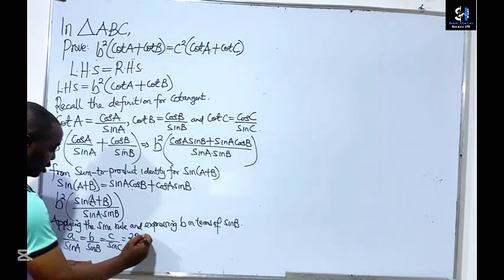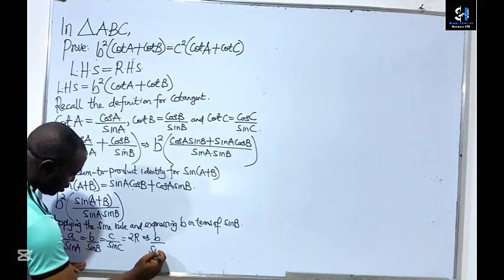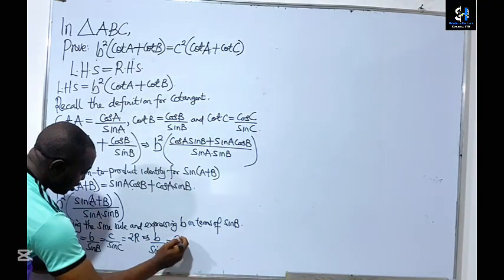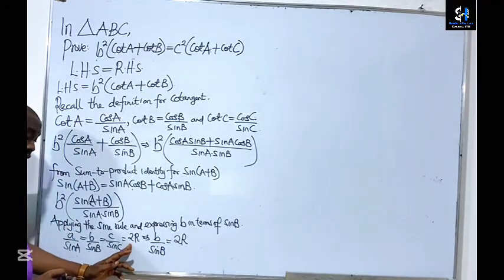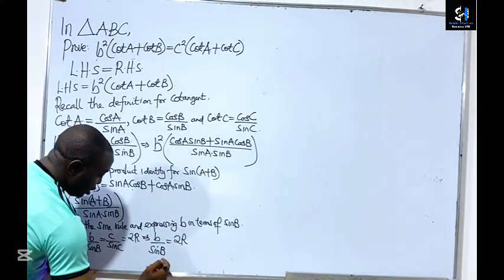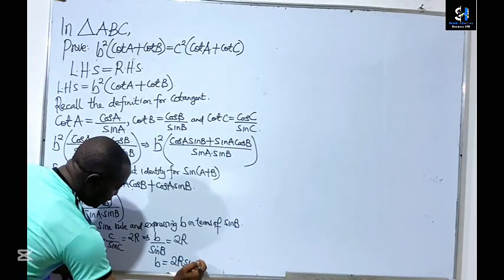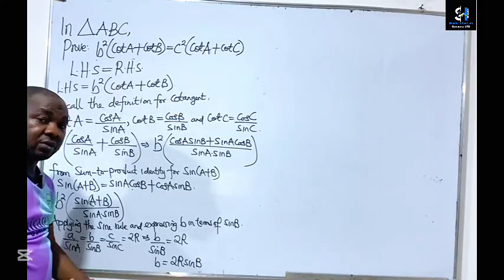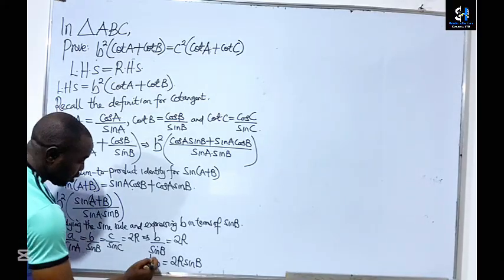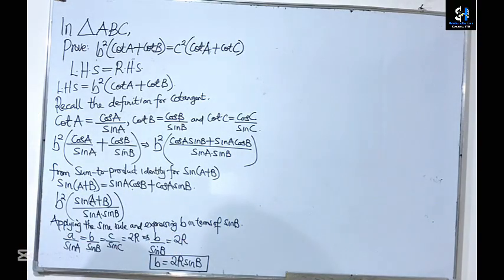So if I take the fraction b divided by sine B and make it equal to 2R, which is a constant in this case, then b will be equal to 2R sine B. That is when we express b in terms of sine B.